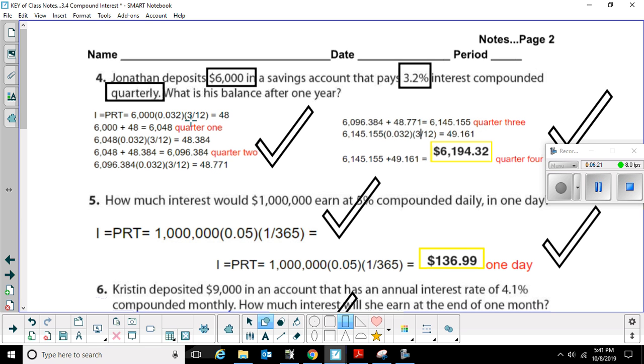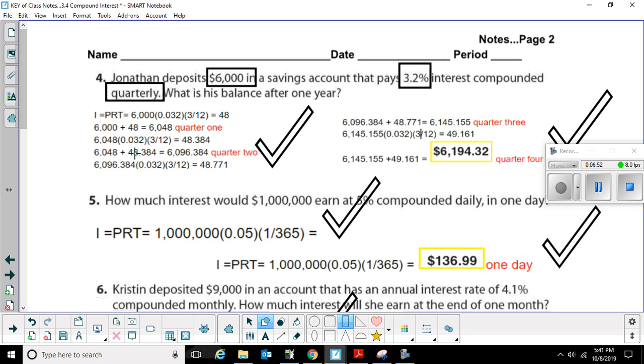That 0.25 is being multiplied by my rate, being multiplied by my principal. So my interest is $48. Now stay with me. That $48 is being added back to my original principal. So after quarter one, I have $6,048 in my account. We're going to take that money and reinvest it.